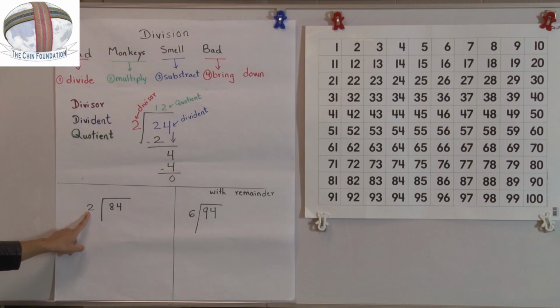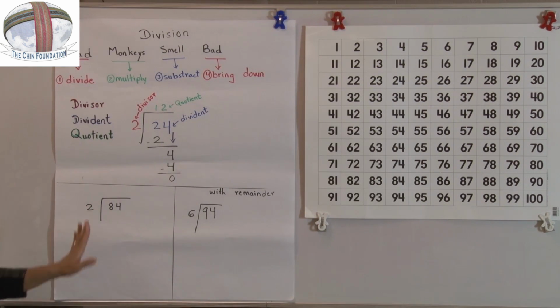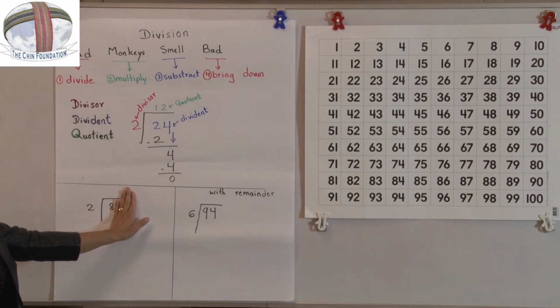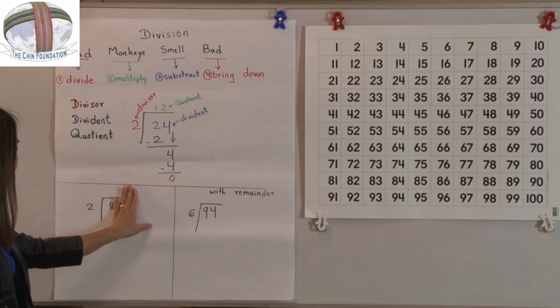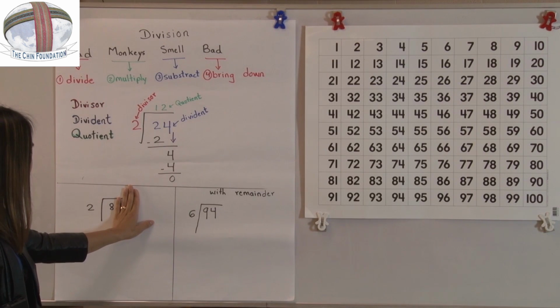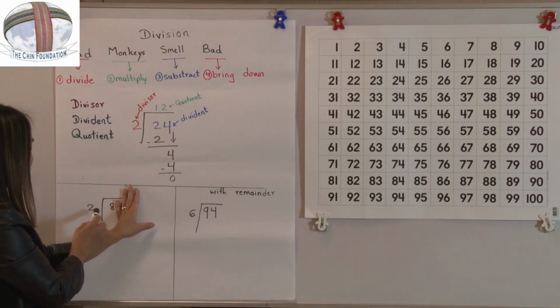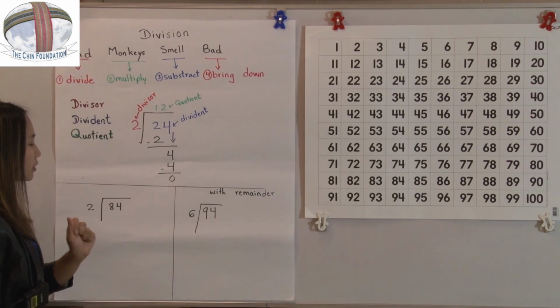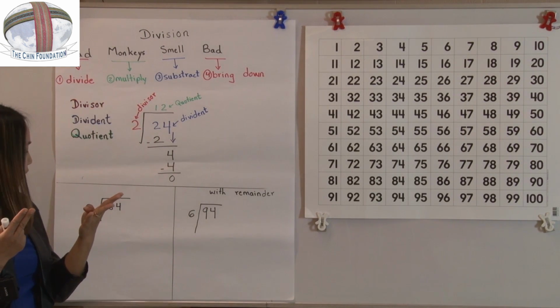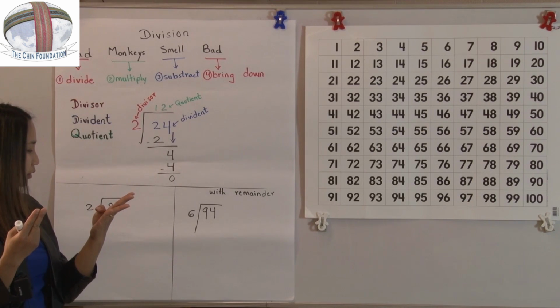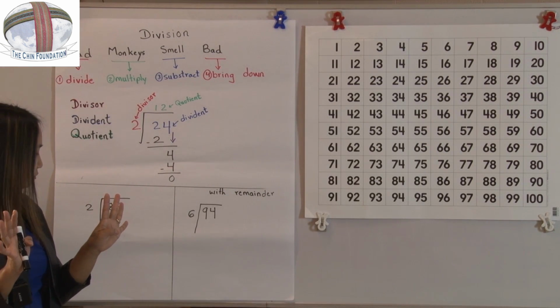This one is set 2. Division 84. So, okay. First, I have to look at the first number, okay? Because it's too big, I can't do it. So I look at the first number, it's just 8. How many 2 will go into the 8? So let's say 2, 4, 6, 8.